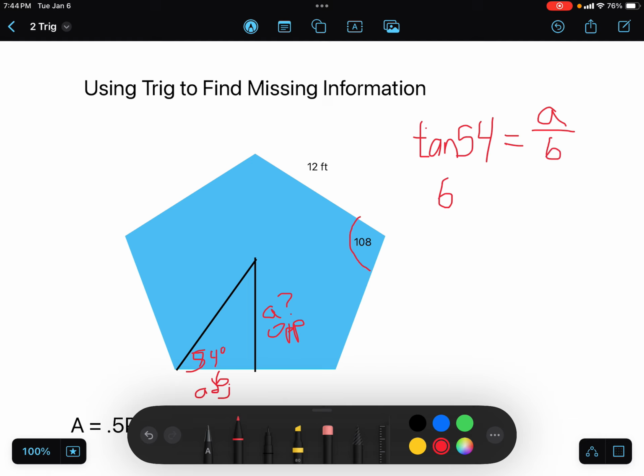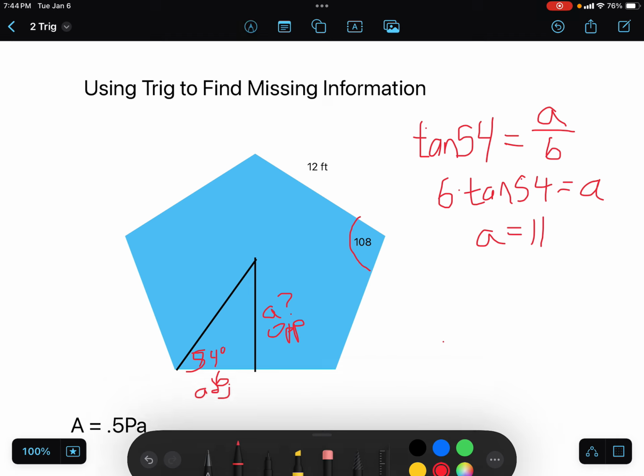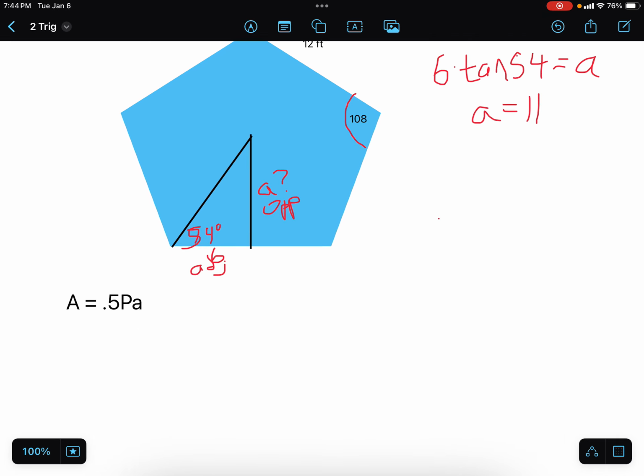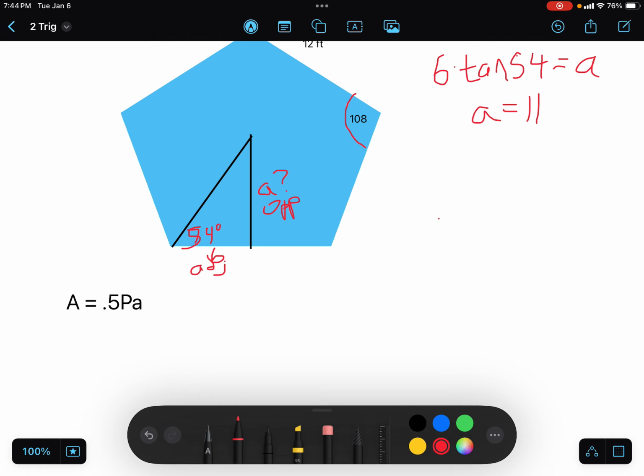So that's going to become 6 times the tangent of 54. And that makes the apothem, I'm going to put it as 11. It's really like 11.01, but we're just going to use the round number here. So now we have everything we need. As I bump this up here, get a little bit more space, we have everything we need to use the area formula.